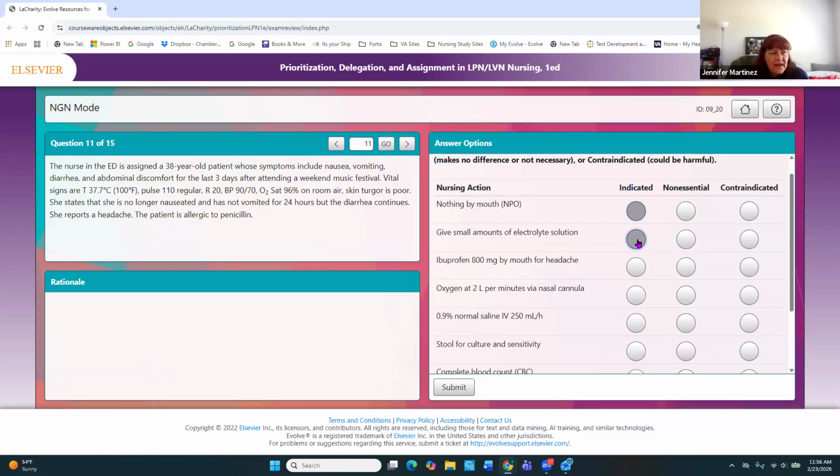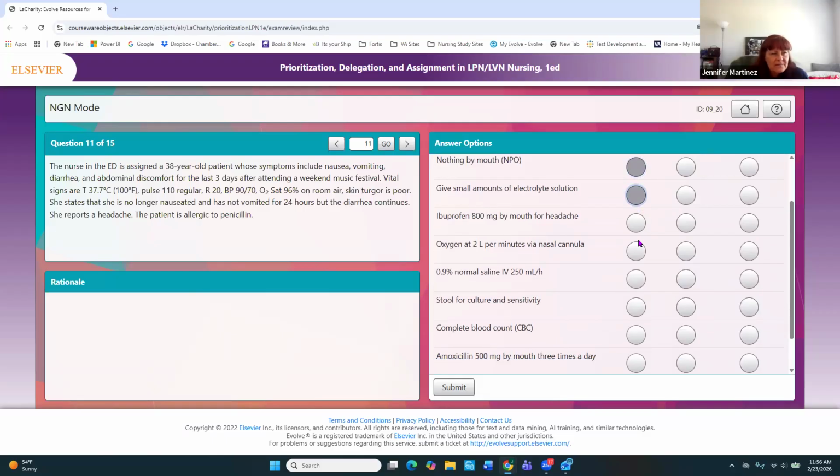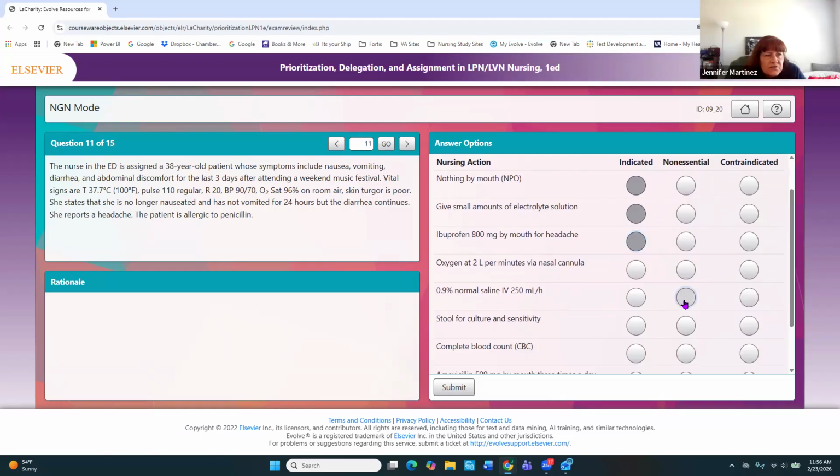All right. Ibuprofen 800 milligrams by mouth for headache. Indicated. Oxygen at 2 liters per minute via nasal cannula. That's probably non-essential.